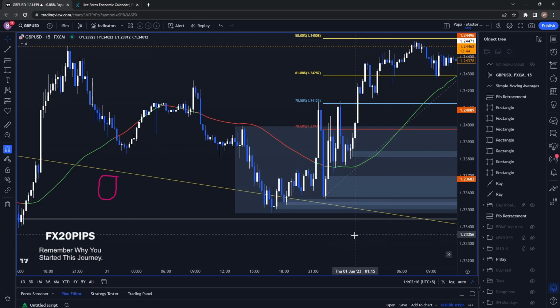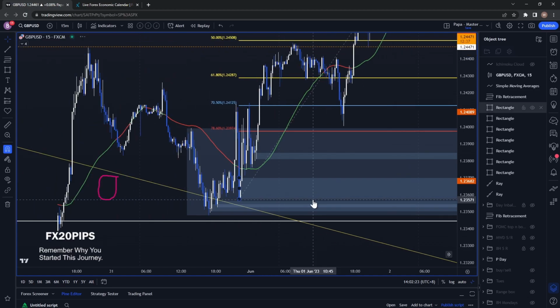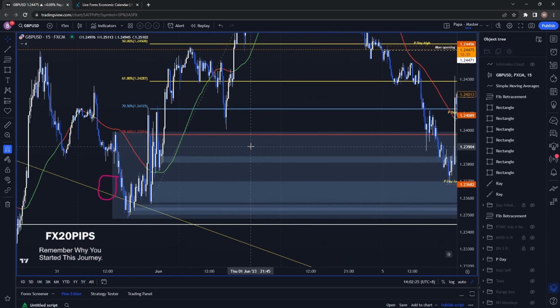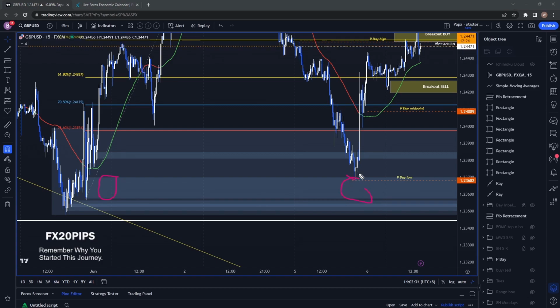Which is here. Okay. Right, this gray area seems to be already, there we go, has already been touched and then gone higher up from yesterday, isn't it?